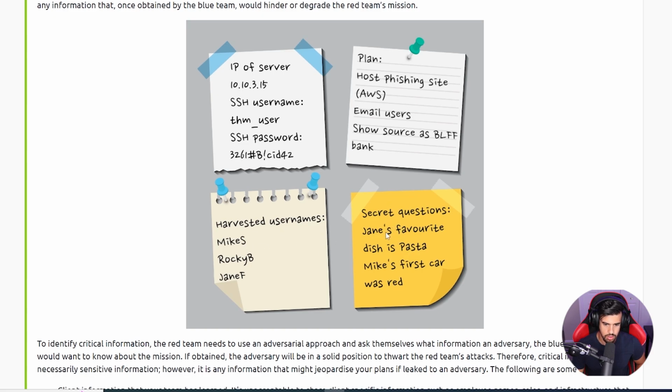Even the answer to some of these security questions, because they might be involved in your account recovery. If you're familiar, when you sign up on a site and you have to answer some special questions in case you ever have to get your account back, like what is your favorite food or your first car, your mother's maiden name, right? All of that is now critical information, because if an attacker gets hold of all that, then they could potentially reset your password or something like that.